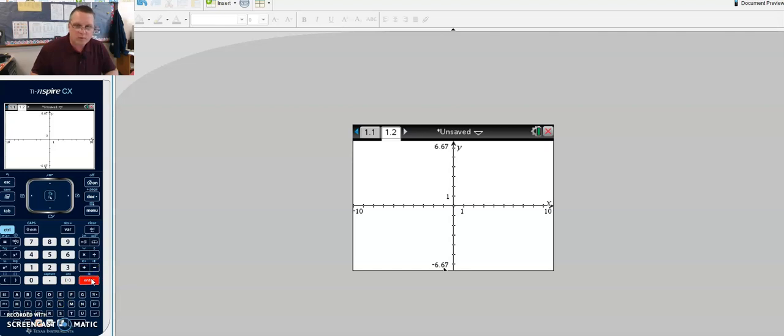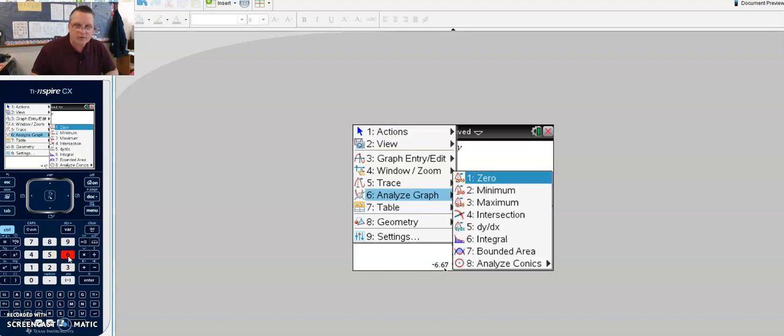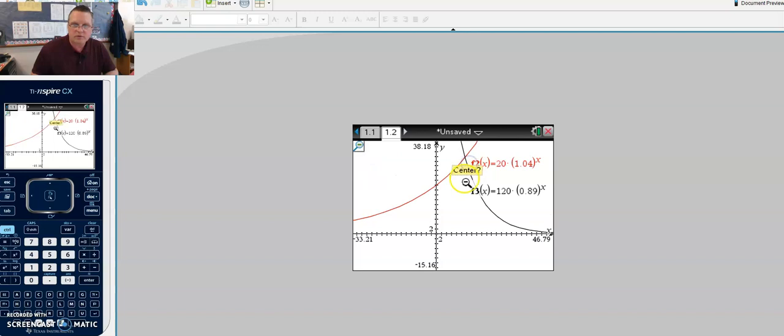Enter. Okay, so we're going to zoom out. Analyze graph, and window zoom. It's got to be in the first quadrant, so we zoom out and see what's going on here. Okay, so that's the intersection point, which is what we need to see.